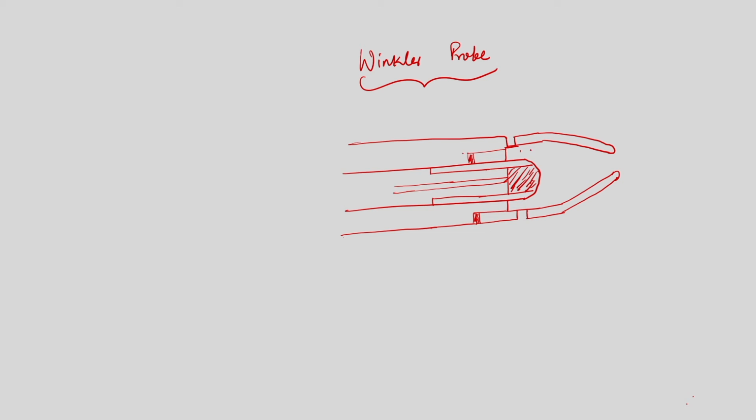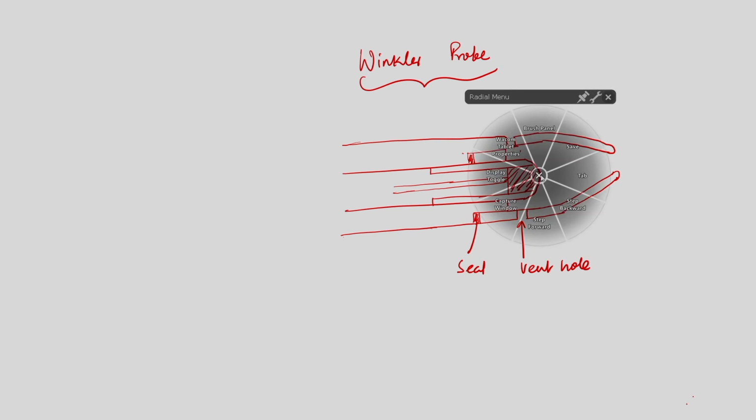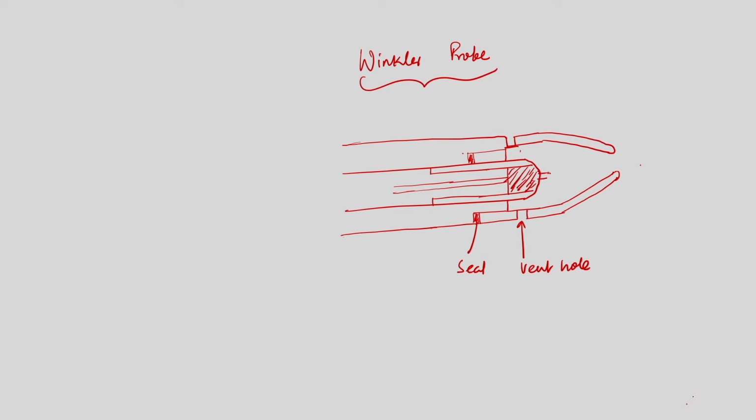So, this is the schematic of the Winkler probe. These are known as seal, this is vent hole, this is thermocouple, this is seal, and this is support, this is seal, and this is stainless steel holder.